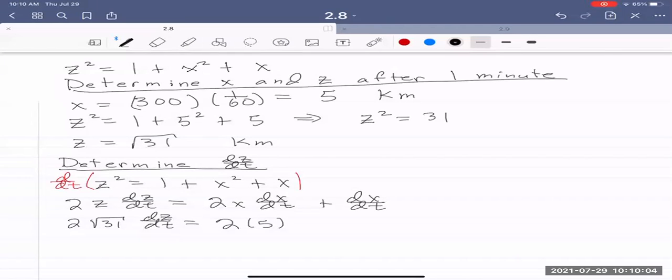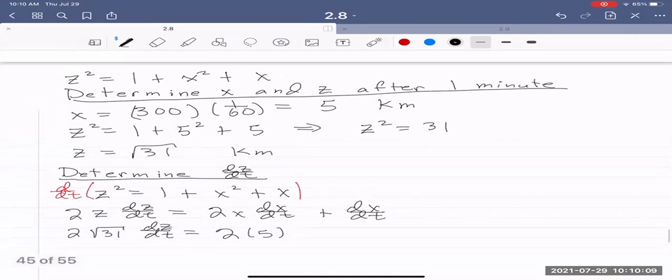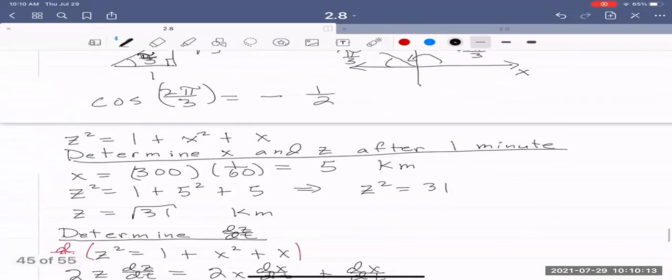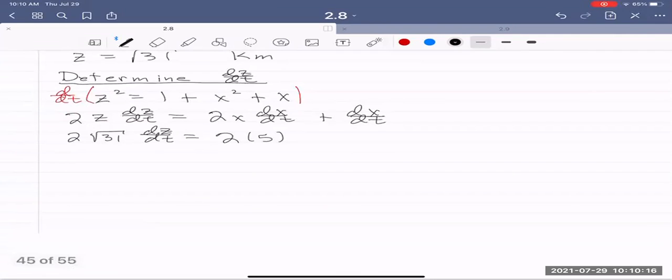And dx/dt was equal to 300. So 2 radical 31 dz/dt equals 3,300.